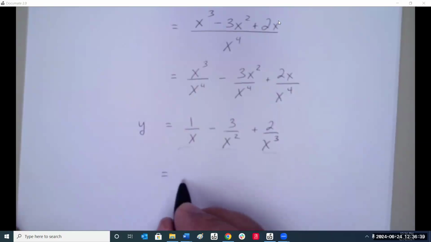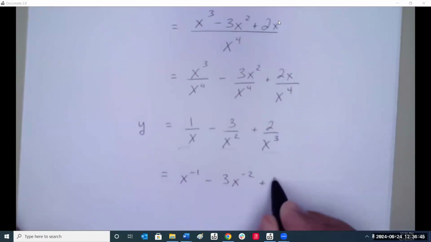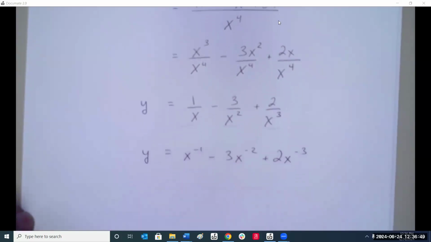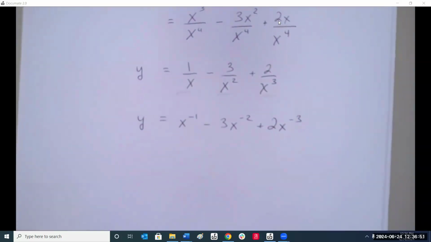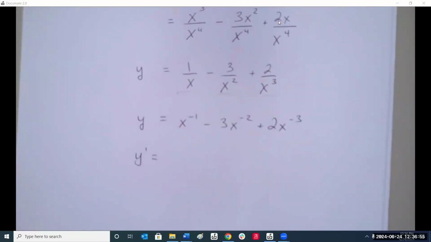I can rewrite each one of those as negative exponents. This will make finding the derivative a lot easier.